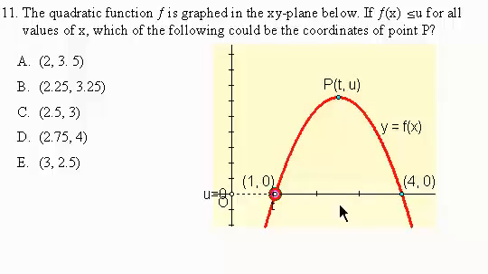So the x coordinate of the midpoint is going to be 2.5. So the maximum, they are saying find the coordinate of point P, so the t value has to be 2.5.